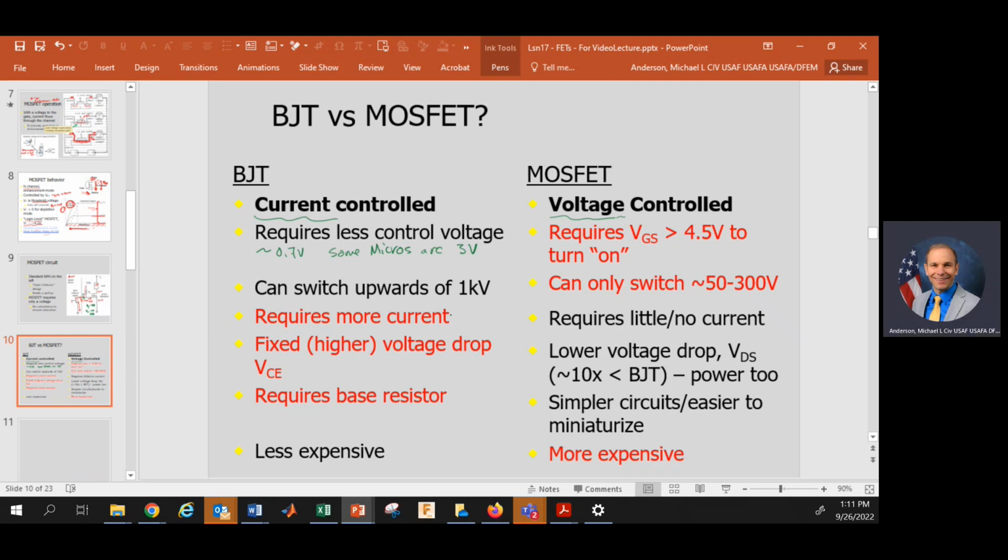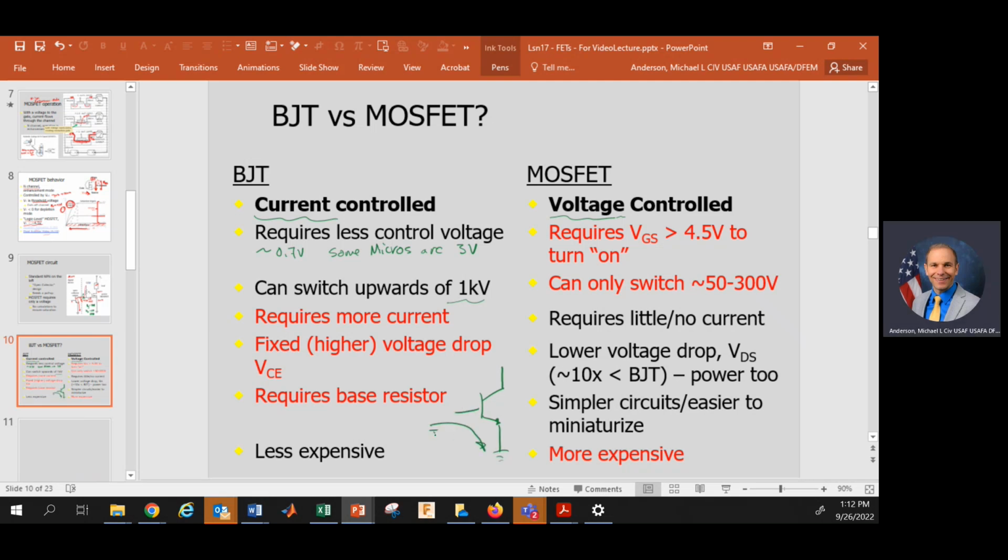Now, another drawback of a MOSFET is that it can only switch on the order of 50 to a few hundred volts, whereas a BJT can usually do thousands of volts. So if you need a super high voltage source, you're going to use a BJT and not a MOSFET. Now, a drawback of a BJT is it requires current. Remember, I mentioned that in your BJT circuit, this is the base.